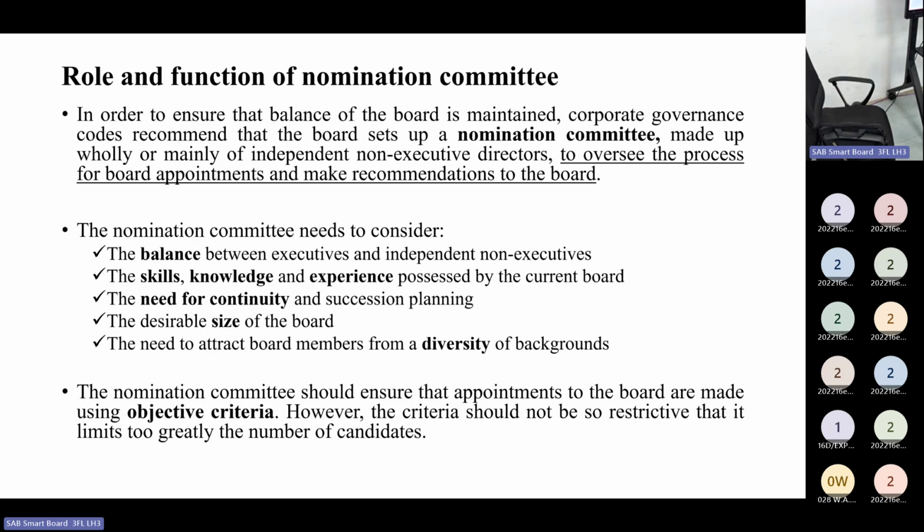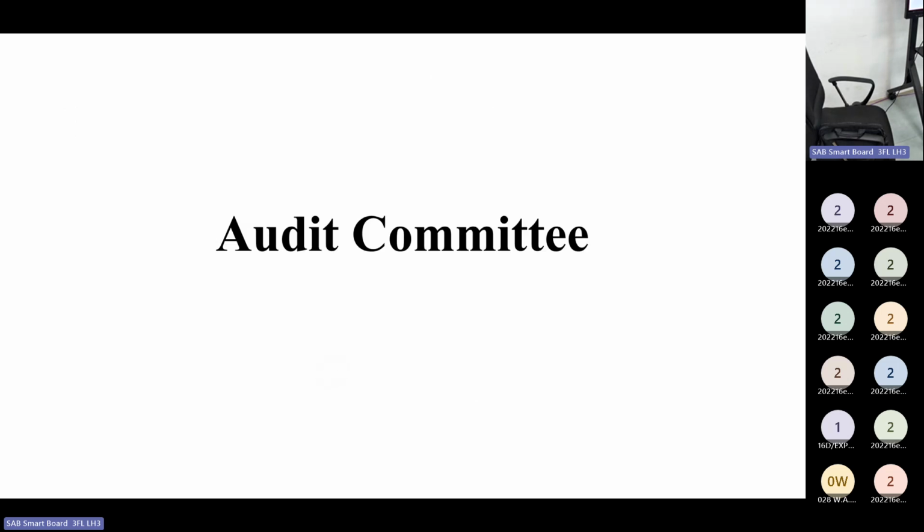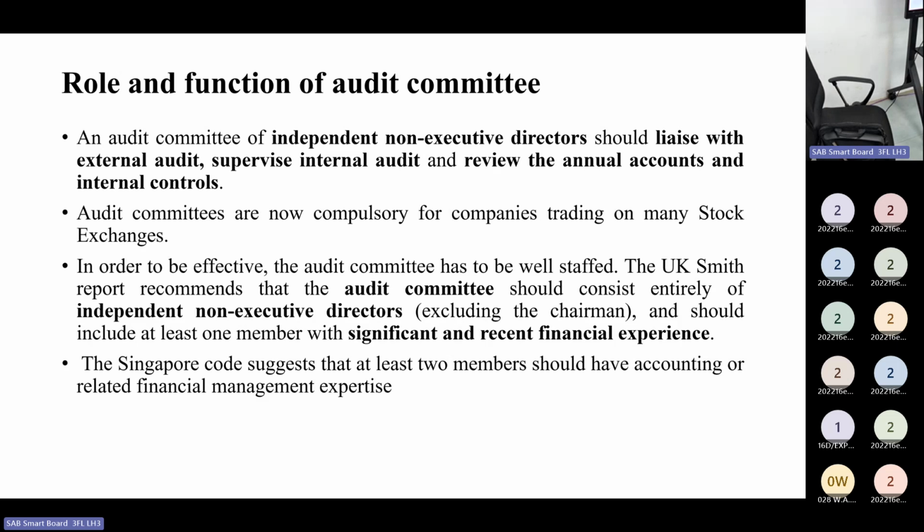There is a difference, but the Sri Lankan Qualifications Framework puts both qualifications at the same level. I don't know why. So likewise, when you're selecting someone, you can't have very high criteria. It should be something realistic. So this is about the nomination committee. Now we come to the most important committee, the audit committee.